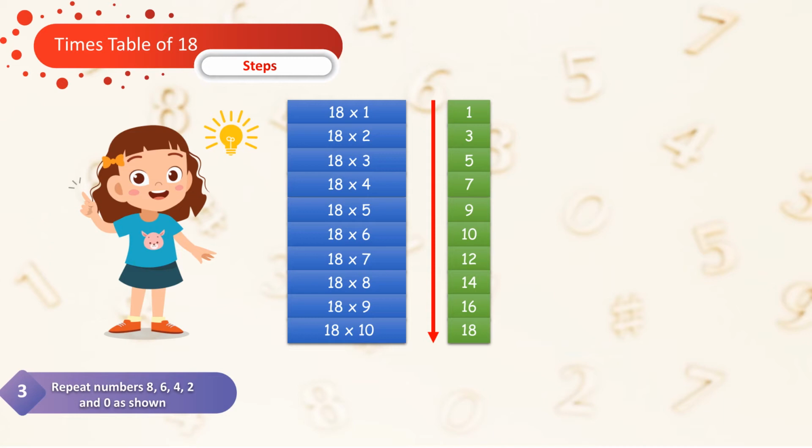In step 3, we repeat the numbers 8, 6, 4, 2 and 0 2 times as shown on the board. 8, 6, 4, 2, 0. We repeat the same. For completing step 3, 8, 6, 4, 2, 0.